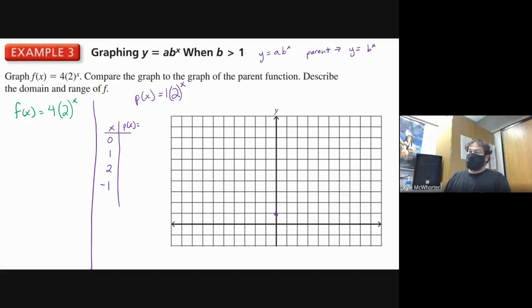When x is 0, we just plug a 0 in for x. So this would be 2 to the 0, which is 1. That gives us the point 0, 1. That was our y-intercept. When we put a 1 in for x, it's 2 to the first power, which is 2. So that gives us the point 1, 2.